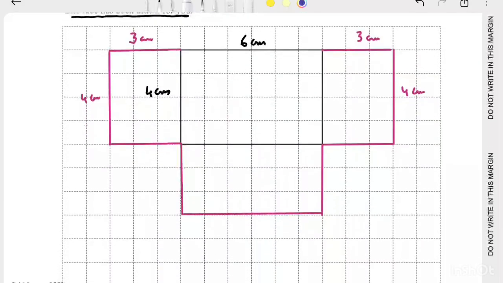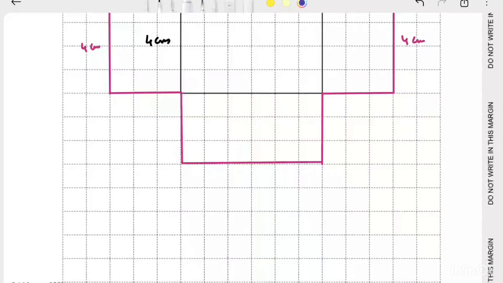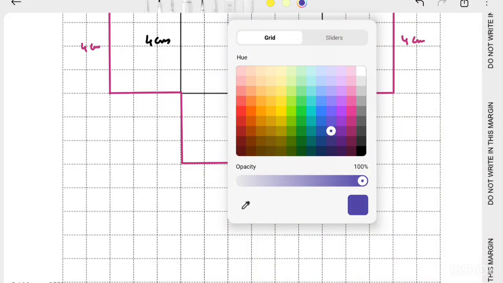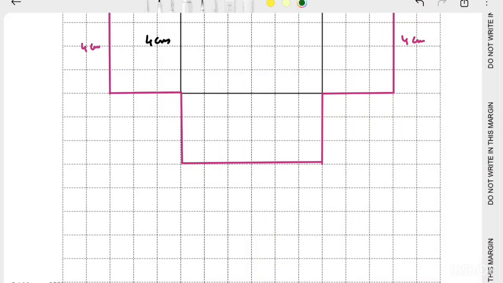So it will be 4. 1 2 3 and 4, 1 2 and 3 and 4, and 1 2 3 4 5 6.